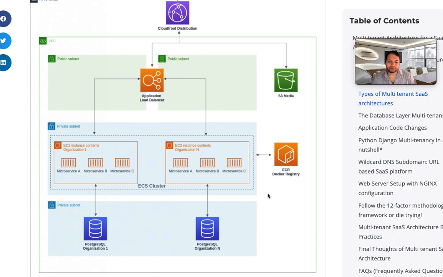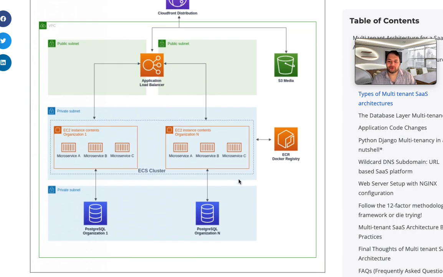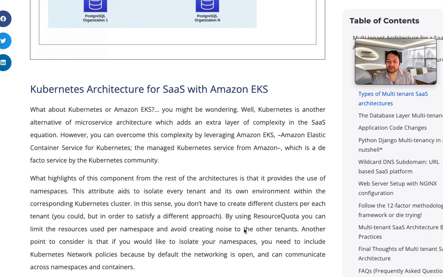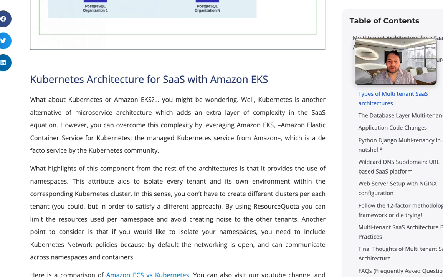And that is connected to our ECR Docker registry. So the Jenkins build is essentially putting things into Docker containers, and the registry is connecting that to the EC2 instances for the microservices, and this is connected back to the databases in the private subnet down here. So that is essentially our microservices architecture diagram. Let us continue on to Kubernetes architecture for SaaS with Amazon EKS.